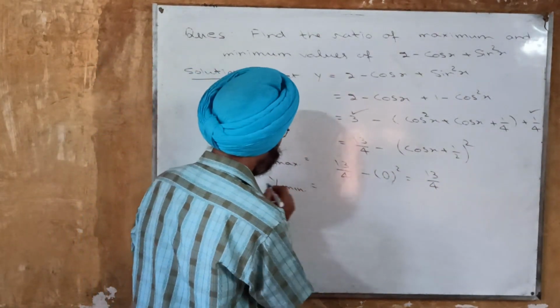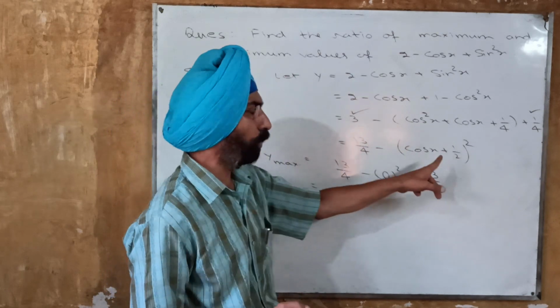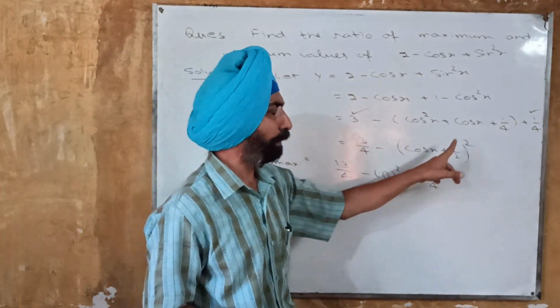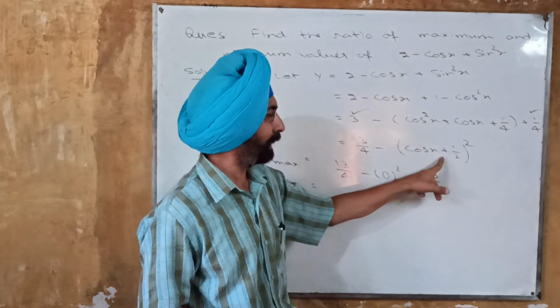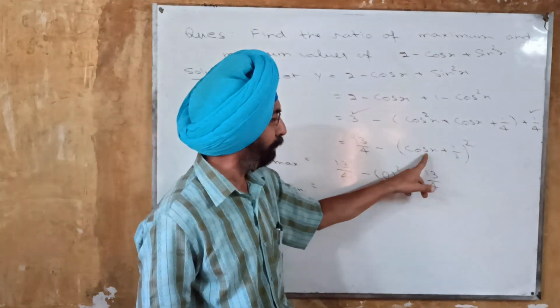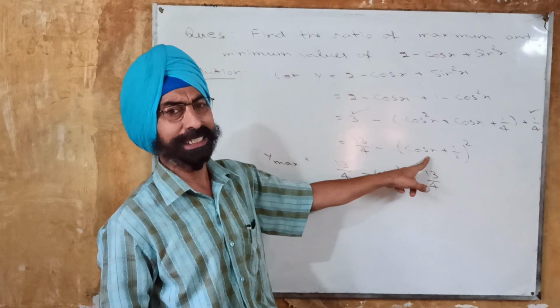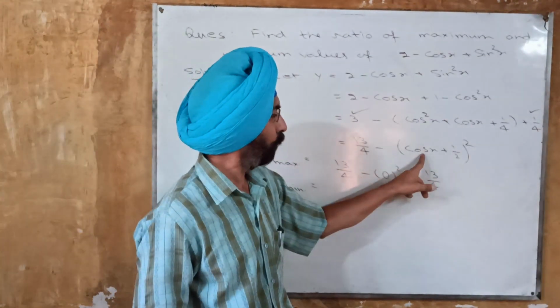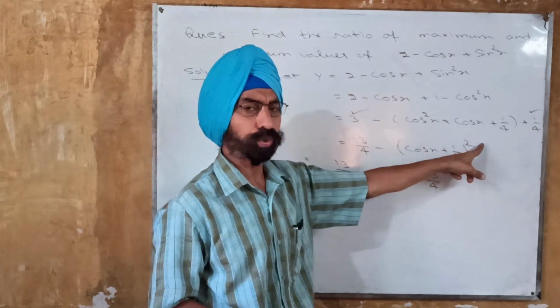And for y to be minimum, this quantity has to be maximum. And it is a perfect square, cos x plus 1 by 2 whole square. The maximum value of cos x, we know, is 1. So the maximum value of this expression is 1 plus 1 by 2 whole square.